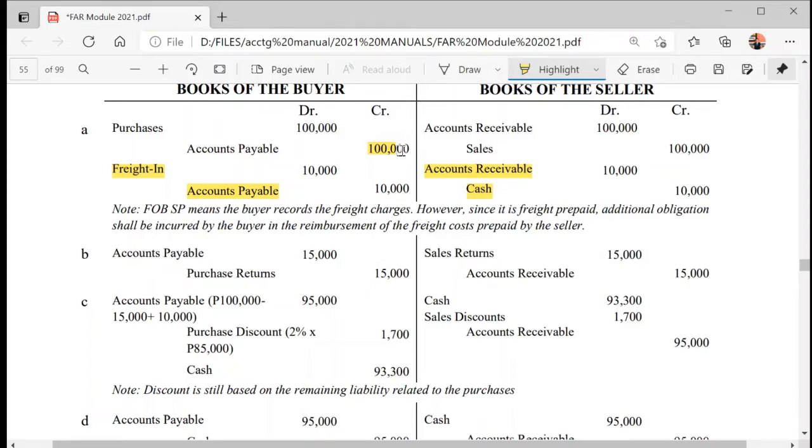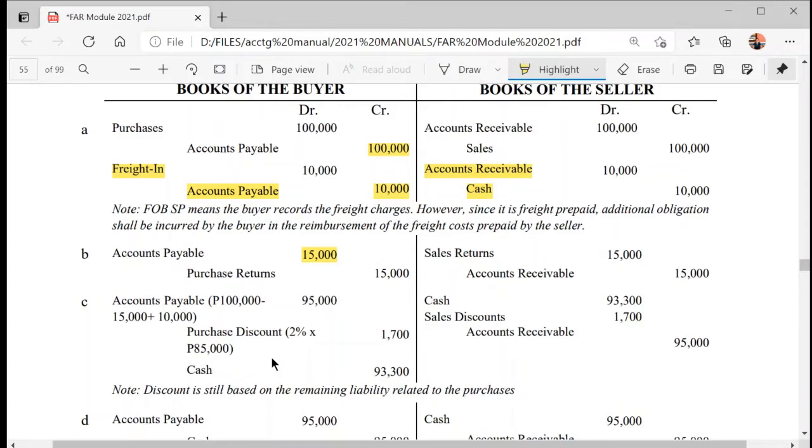But how much is our purchase discount? Is it based on the 95,000? So the answer is no, because the 95,000 includes the freight. We do not discount the freight because if we multiply the 2% against 95,000, this means that included in the discount ang freight, which is not the case.